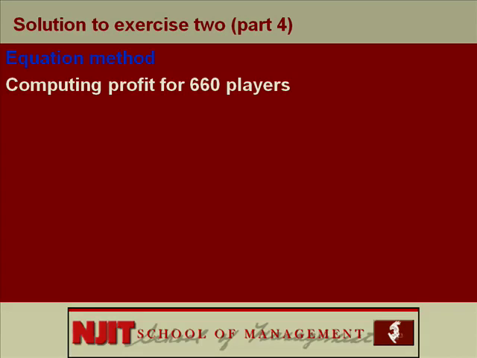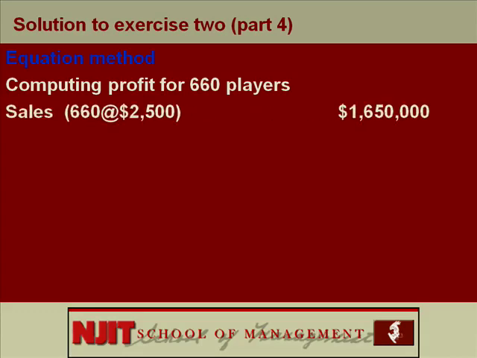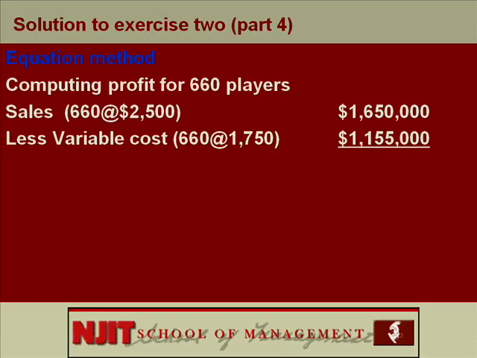So go back to basics. Sales is 660 players at $2,500 per player, which is 1,650,000. Variable cost, 660 at 1,750 per player, 1,155,000.